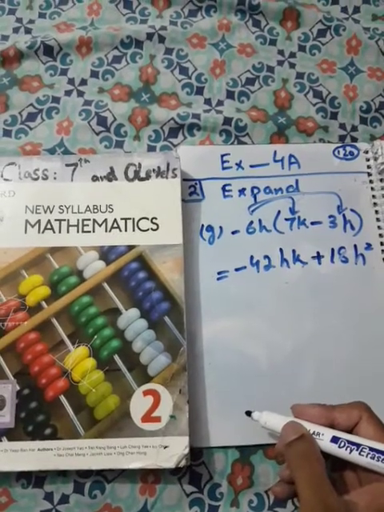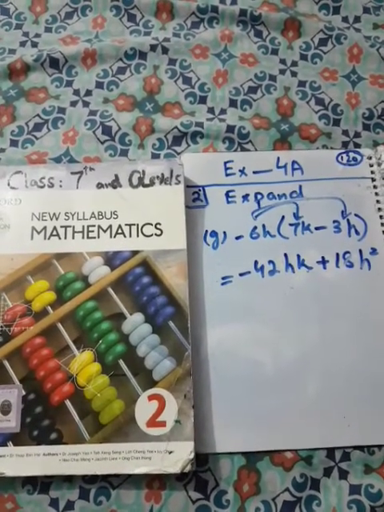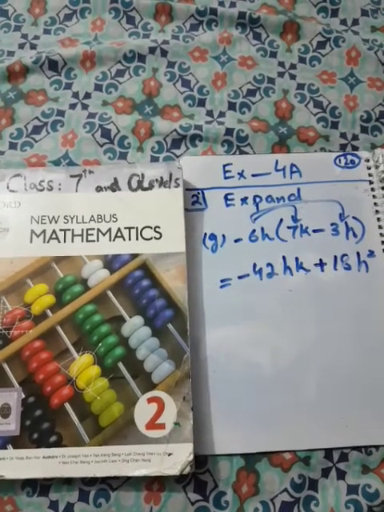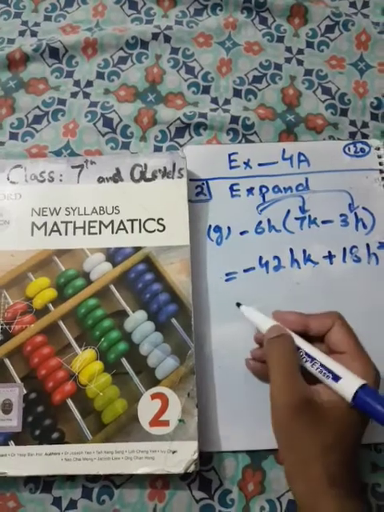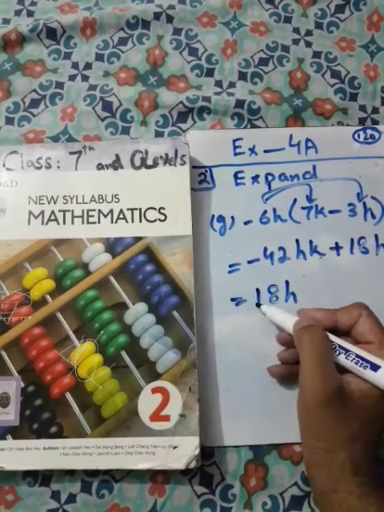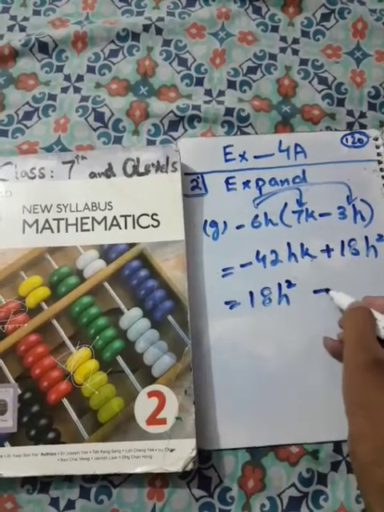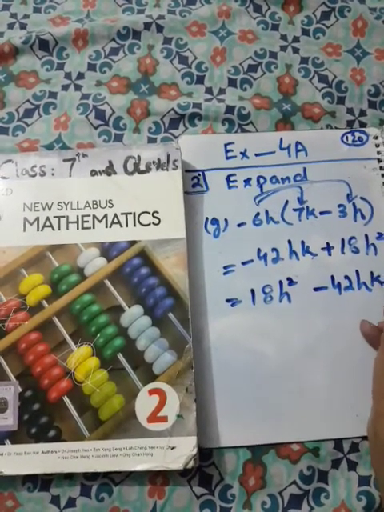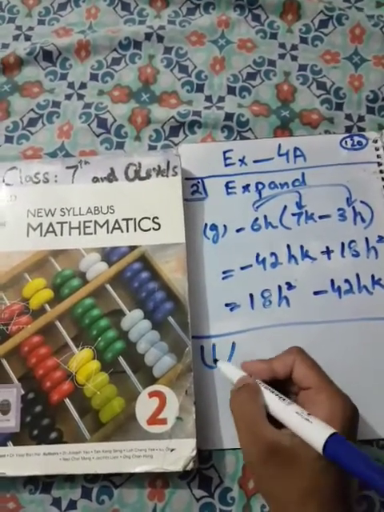Students, I told you in chapter number 3, when I was teaching you chapter number 3, that it is preferable to place the positive value at the start. So you can also write positive 18 at the start. If you put it at the start, you don't need to place a positive sign. So you can write 18h square here and minus 42hk afterwards. No problem. You can write it either way.